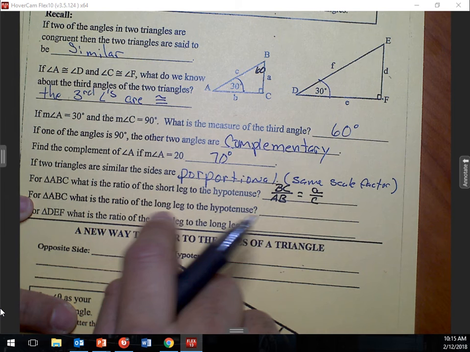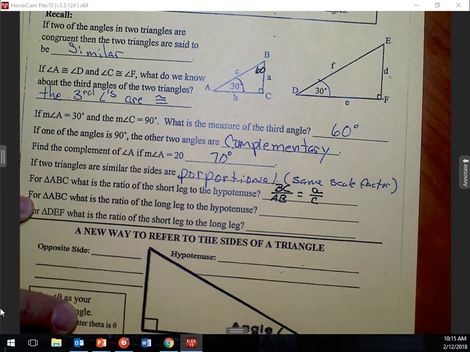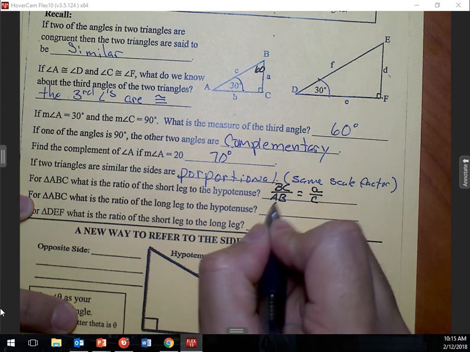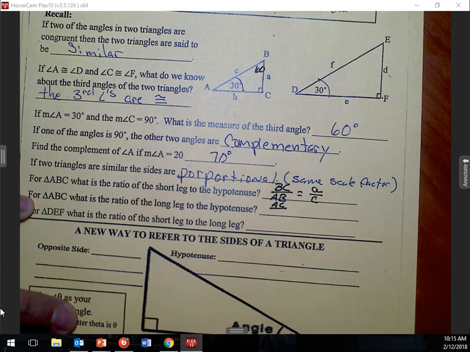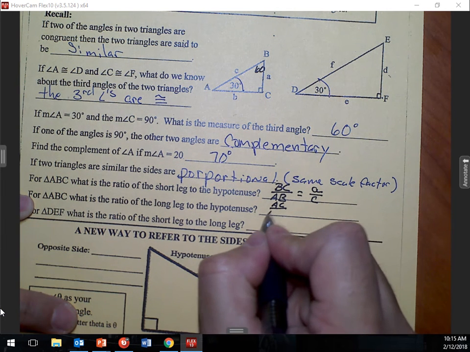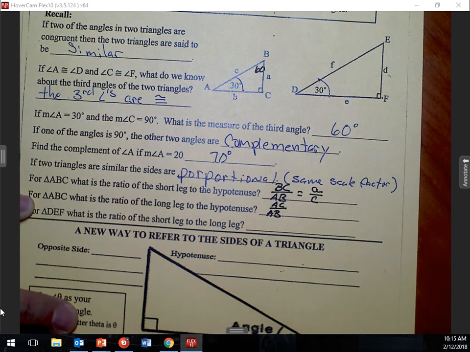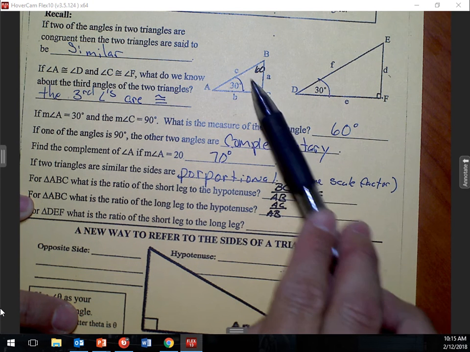What is the ratio of the long leg to the hypotenuse? Which one's the long leg now? AC, and my hypotenuse, AB. The hypotenuse is always across from my right angle.